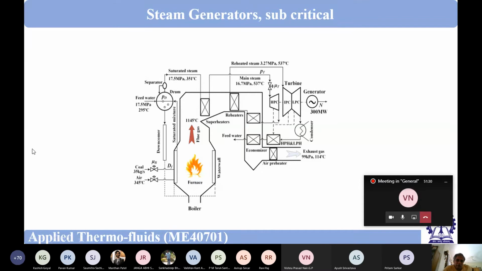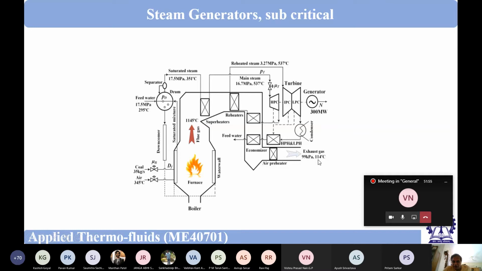And so the flue gas path or hot gas path is like this. So gas temperature is going down in this direction. Economizer, where it is heating the feed water. And then lastly, it is heating the incoming air. There is an air preheater. And after that, it is going to the chimney.